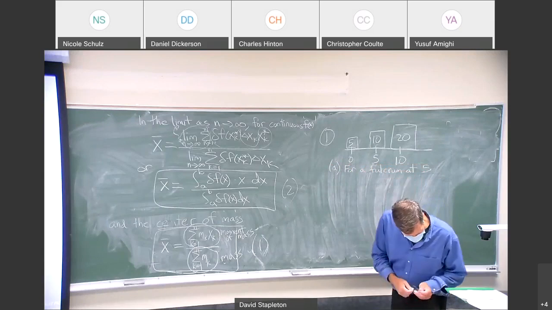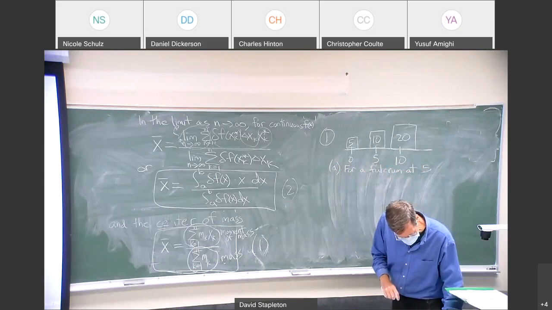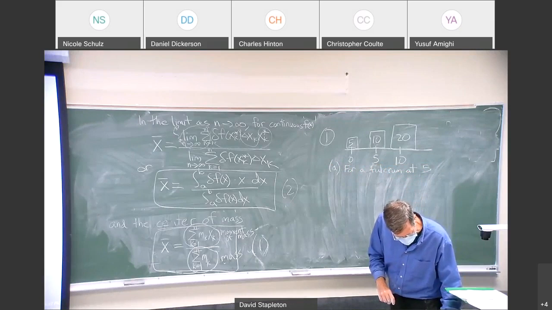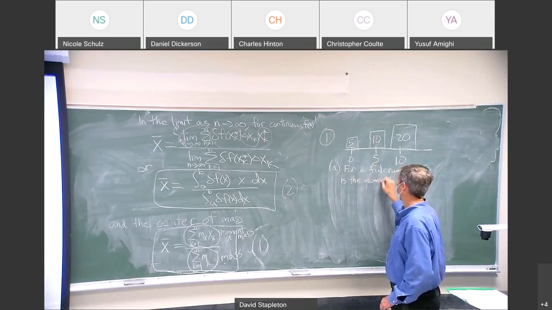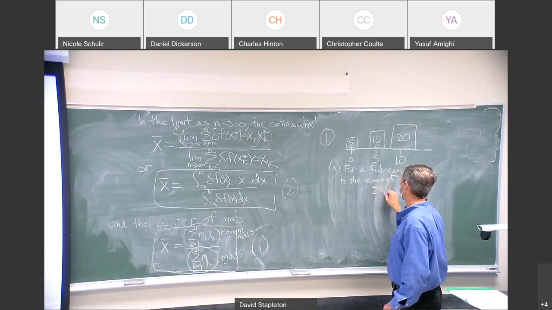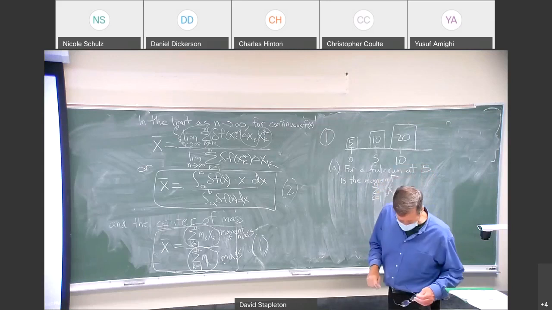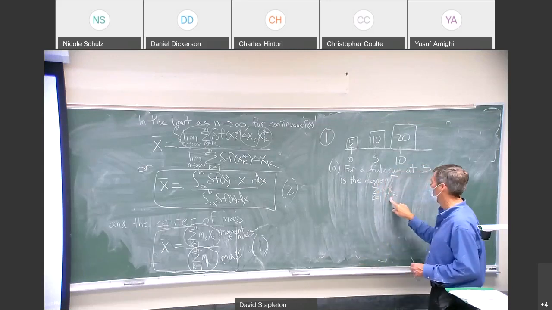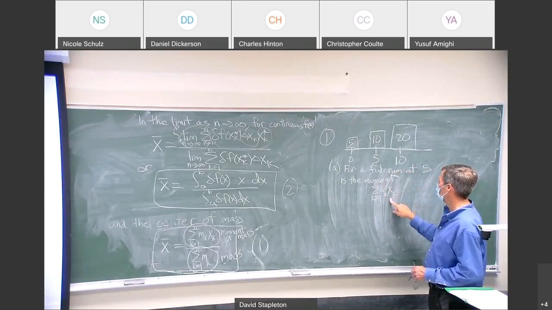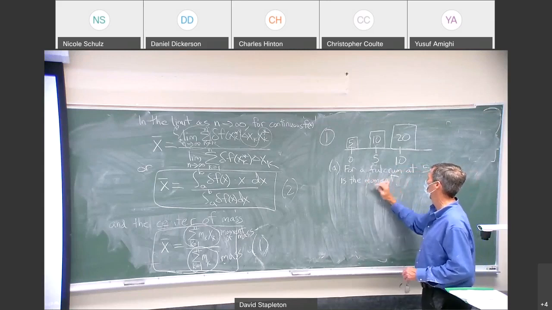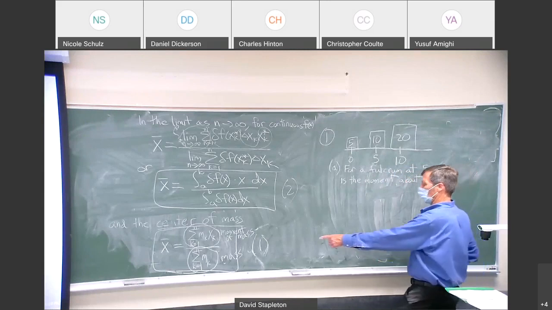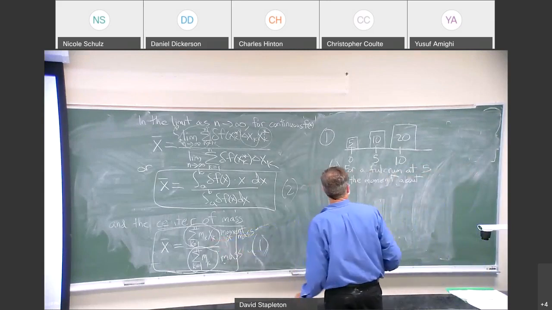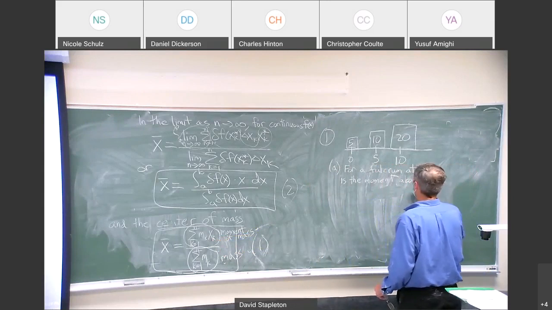Is the moment of mass positive, negative, or 0? This is not the right moment. This is the moment about x equals 0. Let's say the moment about x equals 5, which corresponds to this one, then you have to replace xk by xk minus 5.